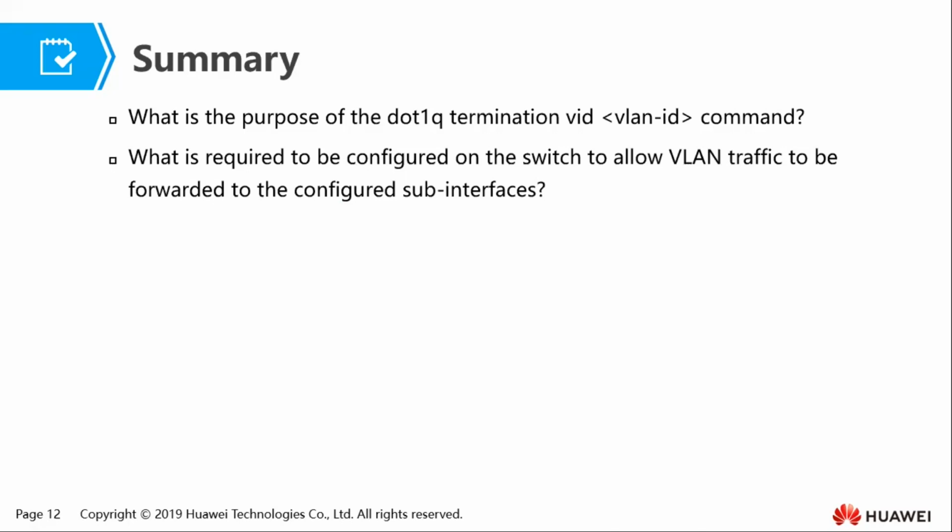We need to configure a trunk port or a tagged hybrid port. So don't forget that. We need to configure a trunk or hybrid port so that it can carry frames from all the VLANs.